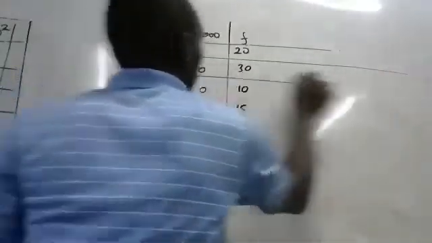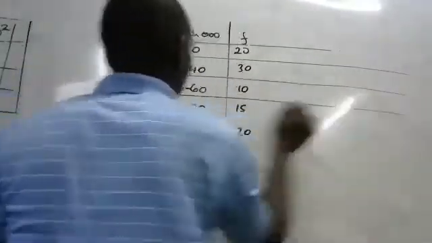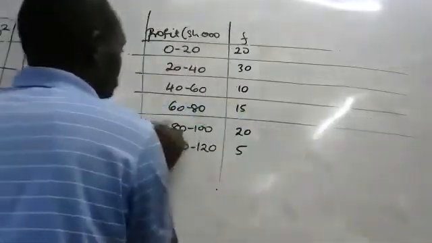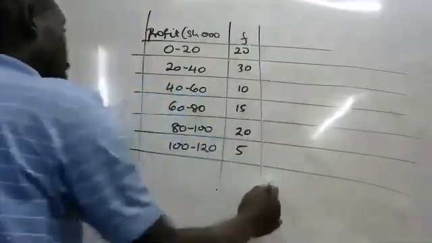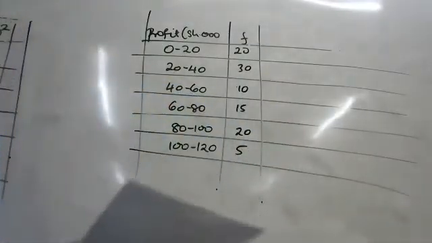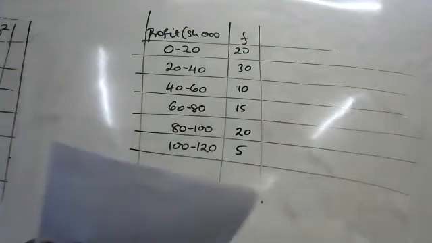That is the distribution of the profit for company A. Then I want us to use this particular data in calculating the standard deviation.